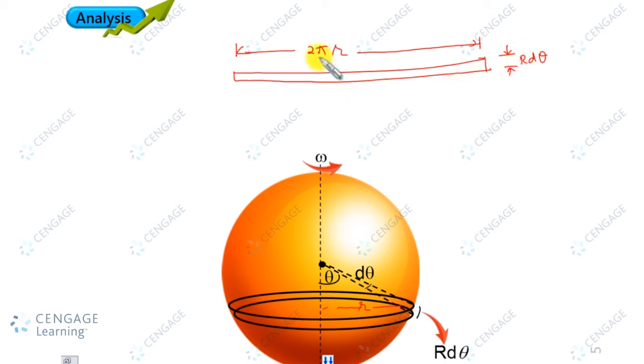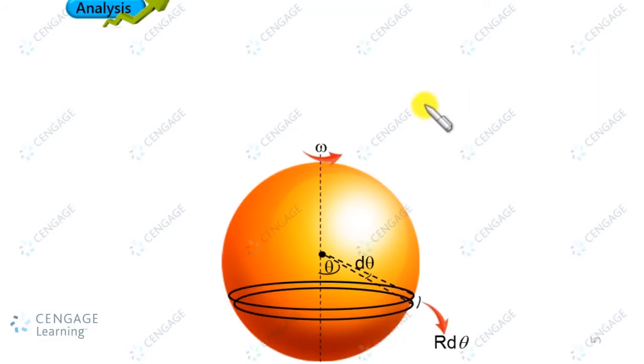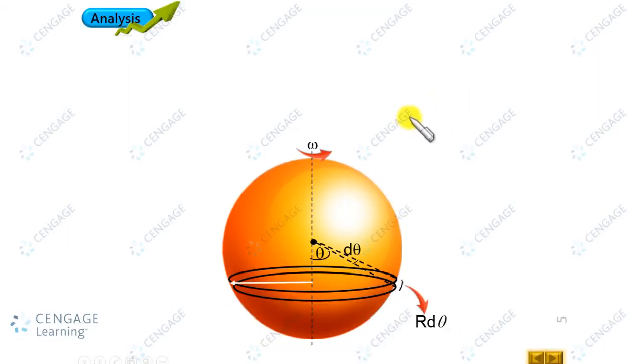So the area of this ring should be equal to 2 pi r multiplied by capital R d theta. Small r is this one. This is capital R. That means small r should be equal to capital R multiplied by sin theta. So let us write the area of this elemental ring dA.